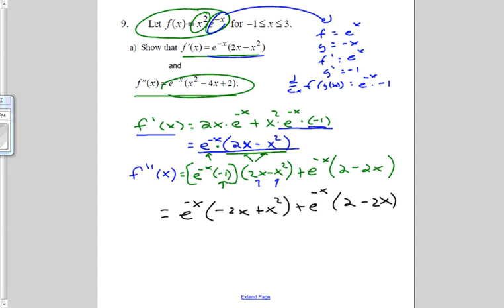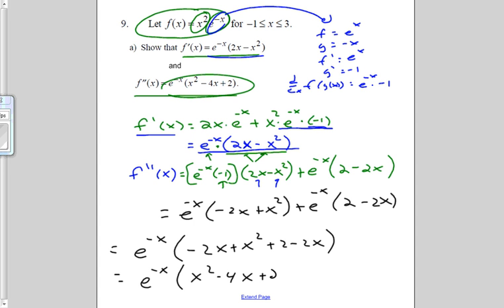So we could factor out an e to the negative x. And we have -2x plus x squared plus 2 minus 2x. And combining and writing in descending order, we get e to the negative x times x squared minus 4x plus 2. Good. We showed that.